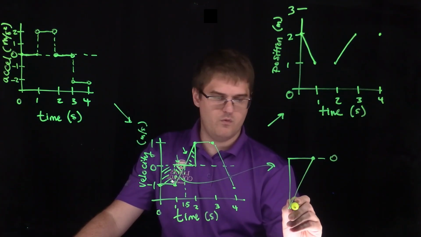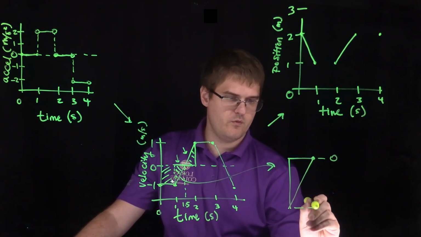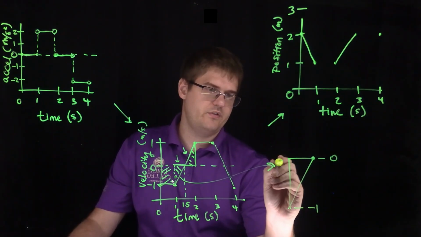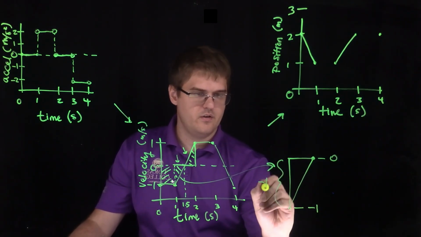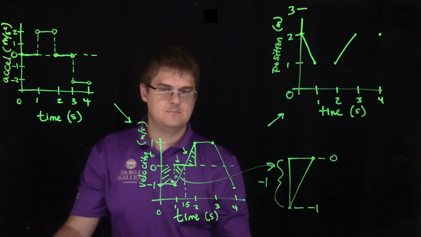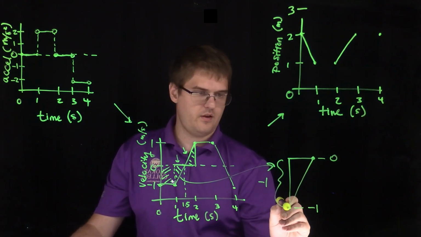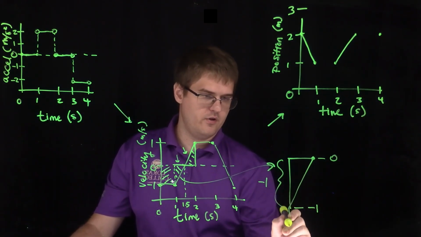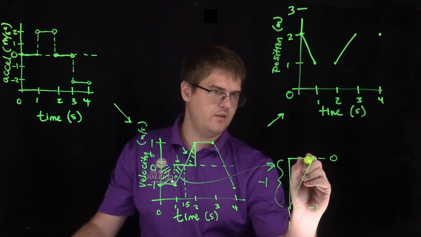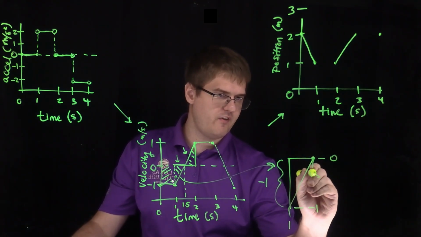At time of 1, this is at -1. So this side length is -1. And this is at time of 1, and this is at time of 1.5.